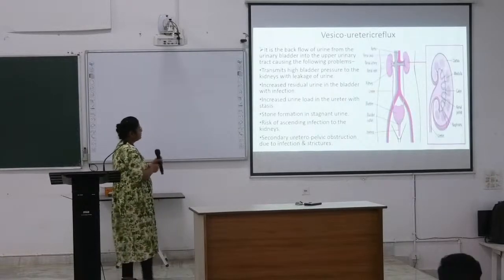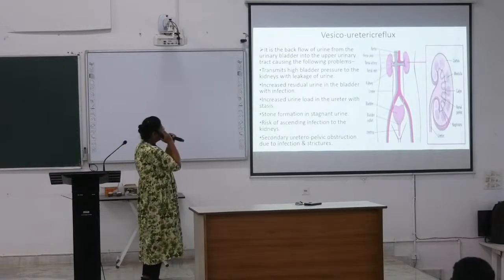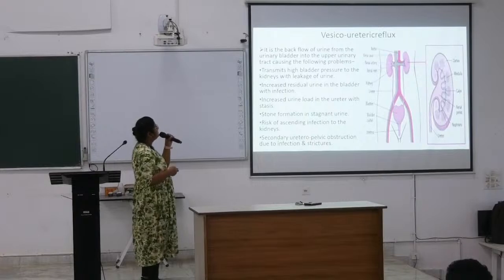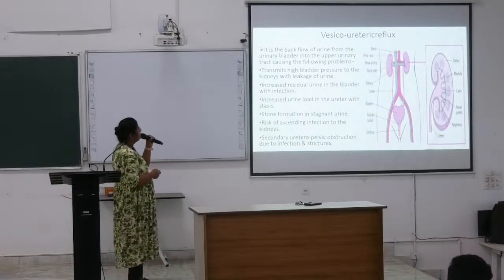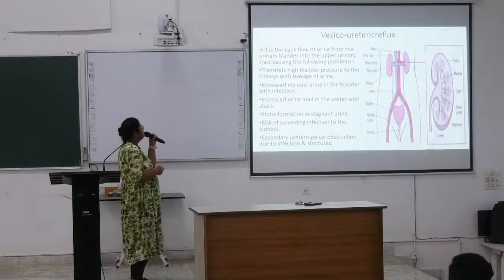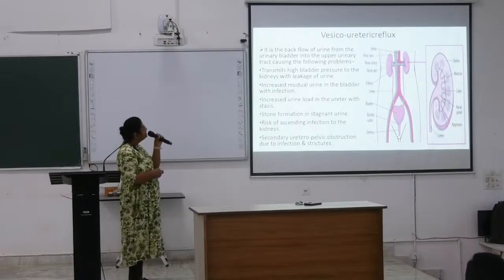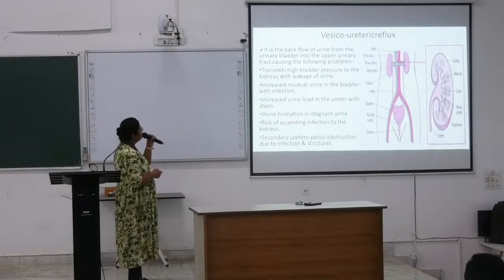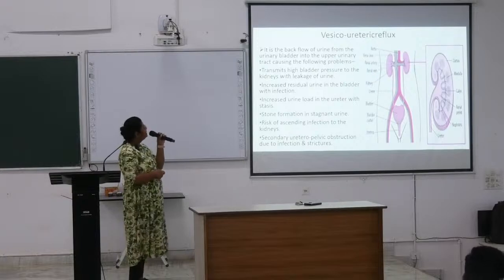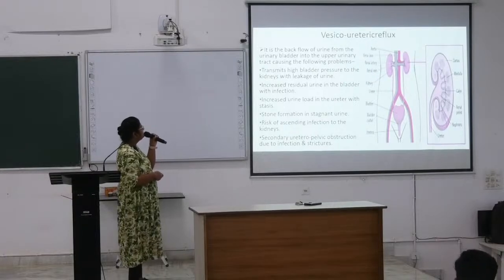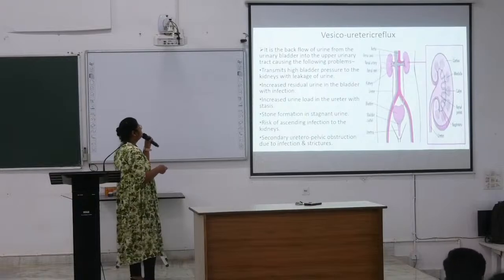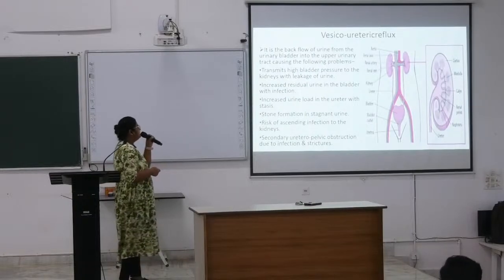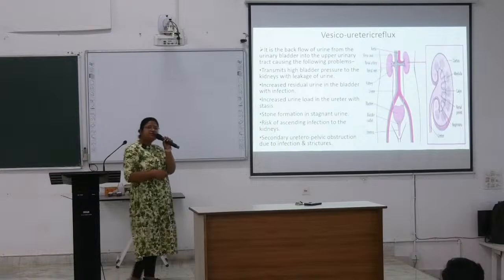Next, now this is one clinical aspect, vesico-ureteric reflux. Okay, what is this vesico-ureteric reflux? It is reflux. This is backflow of urine from the urinary bladder into the upper urinary tract, causing the following problems: it transmits high bladder pressure to the kidneys, with leaking of urine.